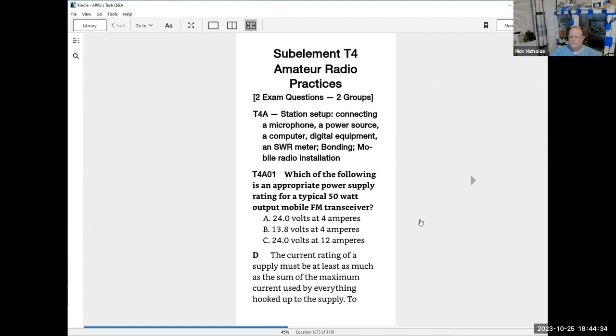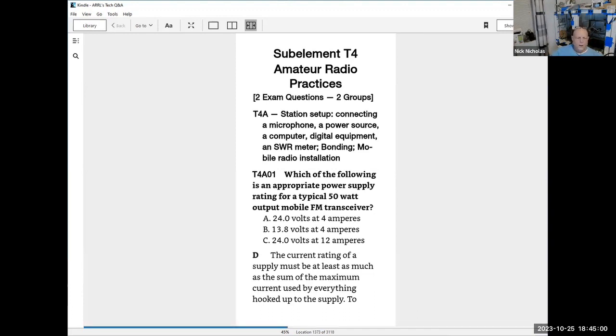Anyway, if you've got a 50-watt transmitter and you want to know how big of a power supply you need to run it in the house, let's begin with the fact that the radio transmitter is a mobile, so it's designed to run on 13.8 volts. Okay, you've got 50 watts.